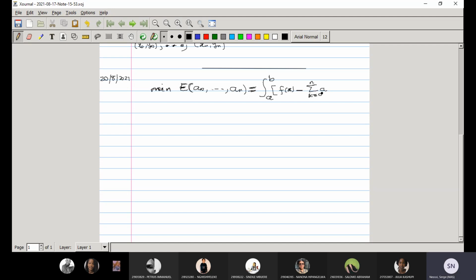The general form of an n-degree polynomial is a_k x^k. And that is squared because it's the least squares, so we square that error. And this is our equation 117 in the notes.